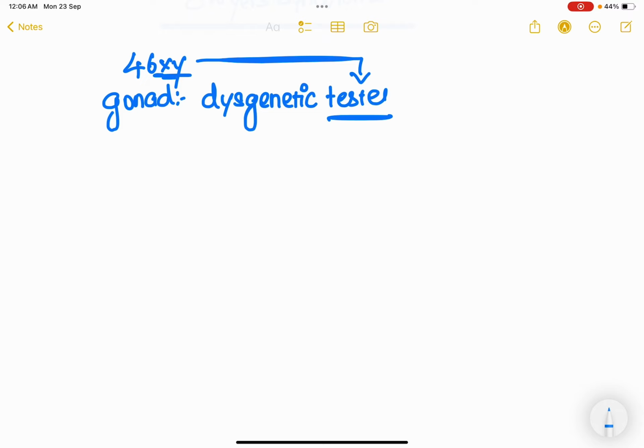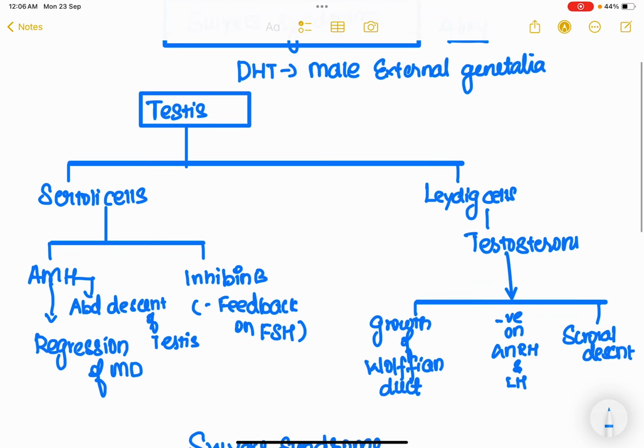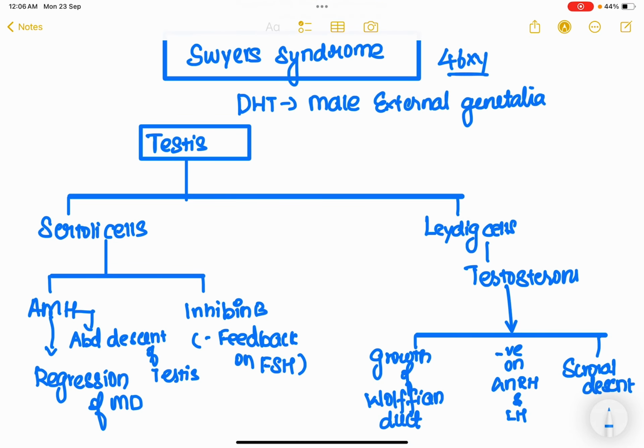So it is actually dysgenetic testis and it is going to be undescended, because for the proper descent of the testis we need testosterone and anti-Mullerian hormone, but those are not going to be formed in this syndrome. So let's discuss that. Okay, so here they have told that in Swyer syndrome the testis is going to be dysgenetic testis. Is that clear?